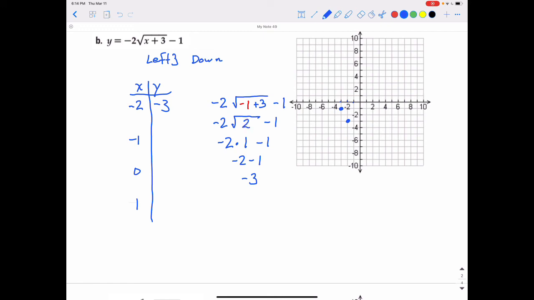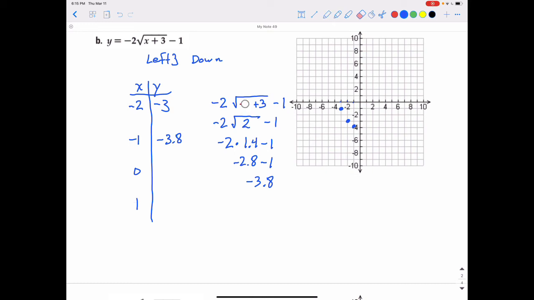And when we take the square root of 2, we get about 1.4. And then -2 times 1.4 is -2.8. And -2.8 minus 1 is -3.8. So -1, -3.8 would be another point. So that's left 1 and down 3.8, which is not quite to -4. So, about right there looks good.